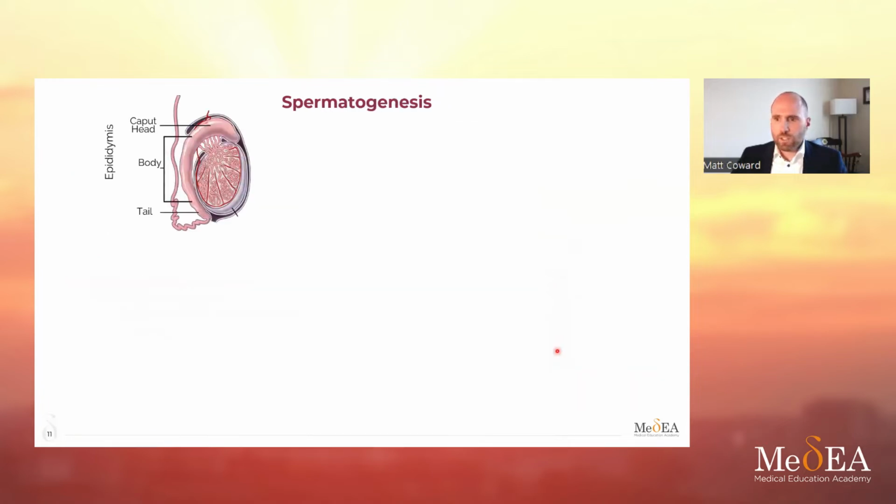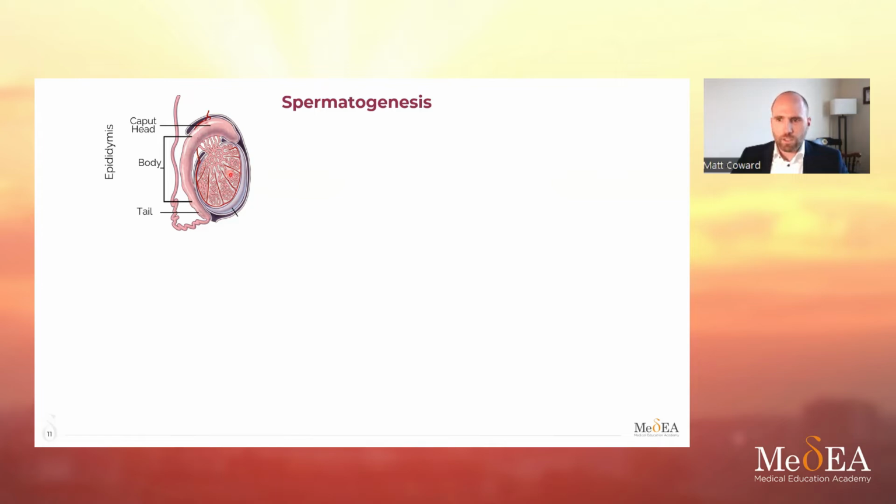So spermatogenesis is depicted here on this slide. First, we have the testis, which is here, comprised of seminiferous tubules, each draining towards the rete testis, and again through the efferent ducts into the epididymis. The seminiferous tubules house the Sertoli cells, the developing germ cells, and the Leydig cells.